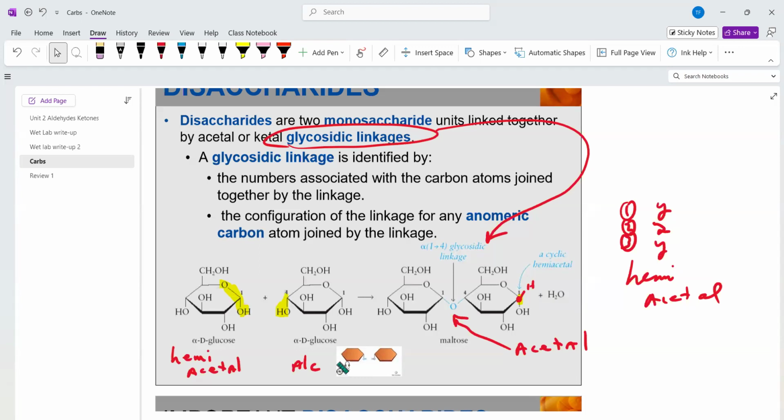And lastly, is there a hemiacetal present? Because we're going to talk about some disaccharides where hemiacetals are present and not present. So remember, if a hemiacetal is present, it's a reducing sugar. If it's not present, it's not a reducing sugar.